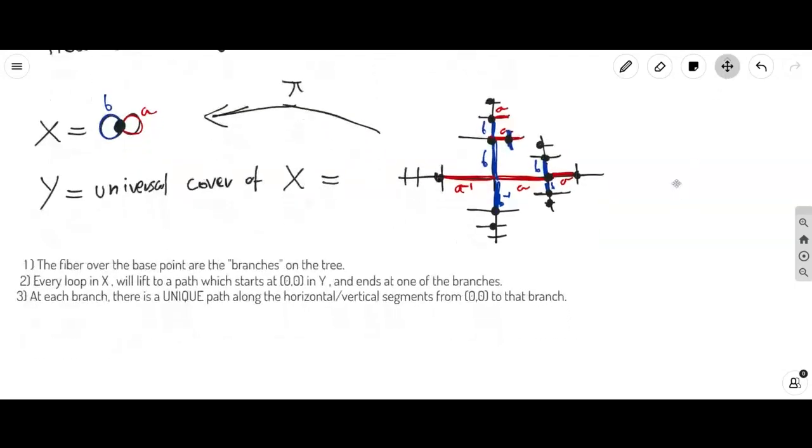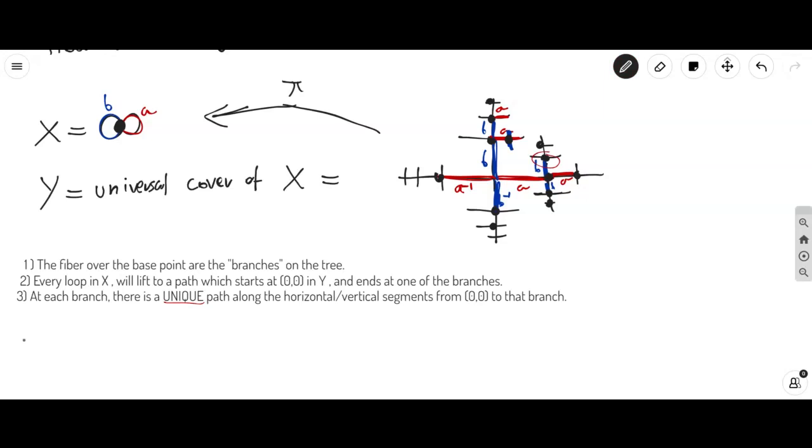Okay, so what we're saying is, let's say you have a closed loop and you lift this loop, and when you lift the loop, you're going to look at the terminal point, right? So where does it end? So let's just say it ends right over here. Let's say it starts here and it ends there. So there's a unique path. So it goes A first, then B. There's a unique path to do that, because it's a tree, right? There's only a unique way you can travel along those segments.